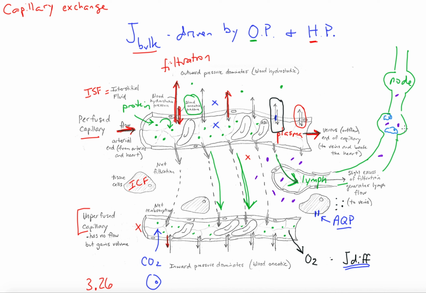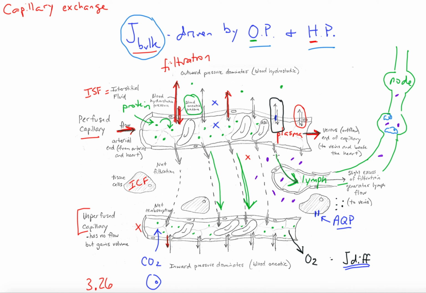Infectious elements. Okay, so the whole idea here is that we have filtration in. Our J bulk is driven by the balance between the osmotic pressure and the hydrostatic pressure. Depending upon which one of those two wins, we're either going to get filtration in a perfused capillary at the top here, or we're going to get reabsorption in the unperfused capillaries.